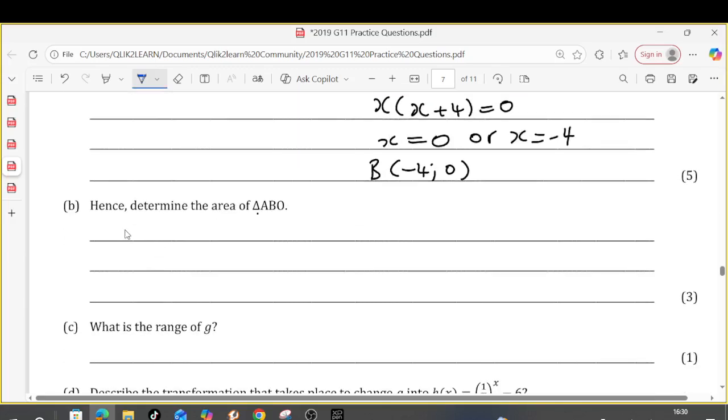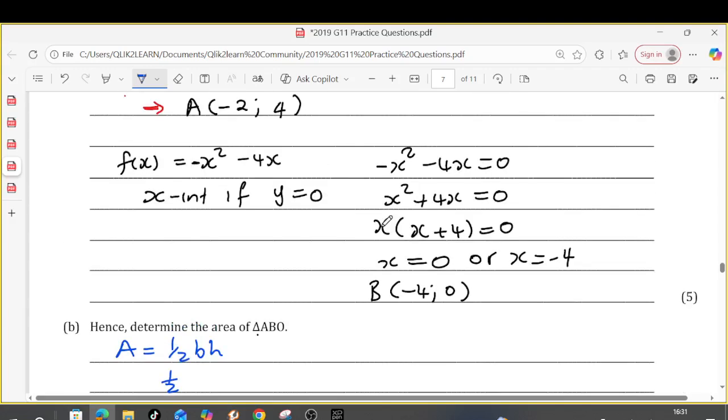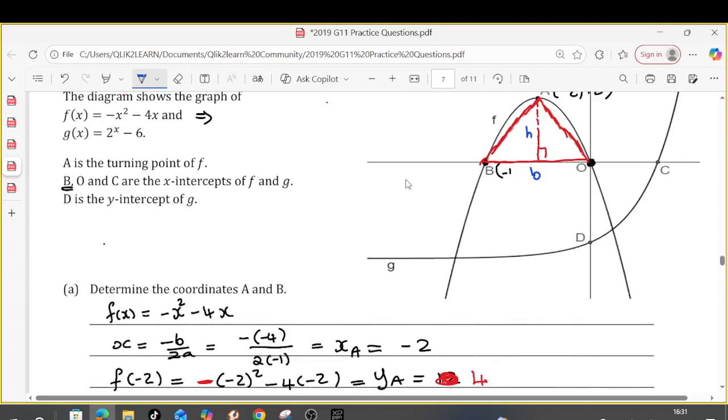Area A is equals to half base times height. What is the base? We need the length from this O to B. That's your base. The length of OB, we said the coordinates of B is minus 4 and 0.